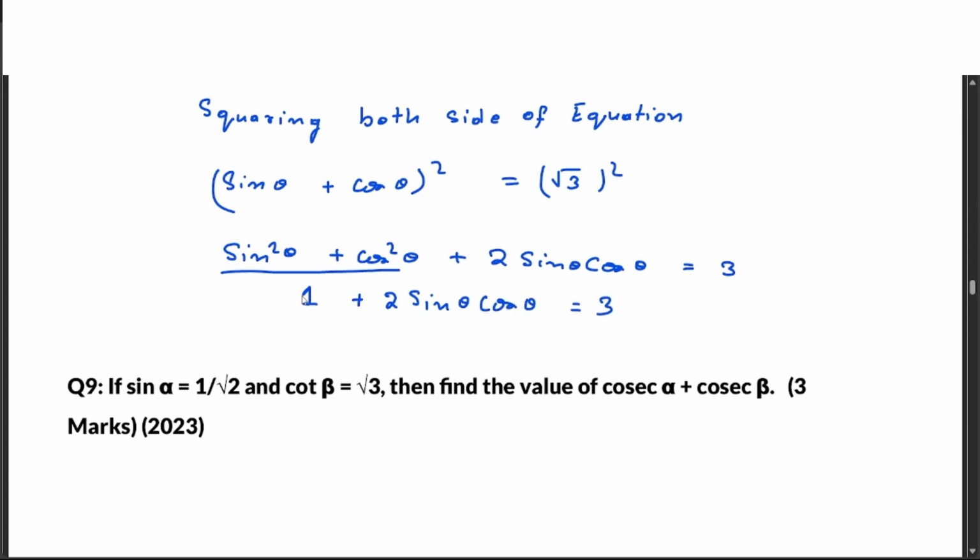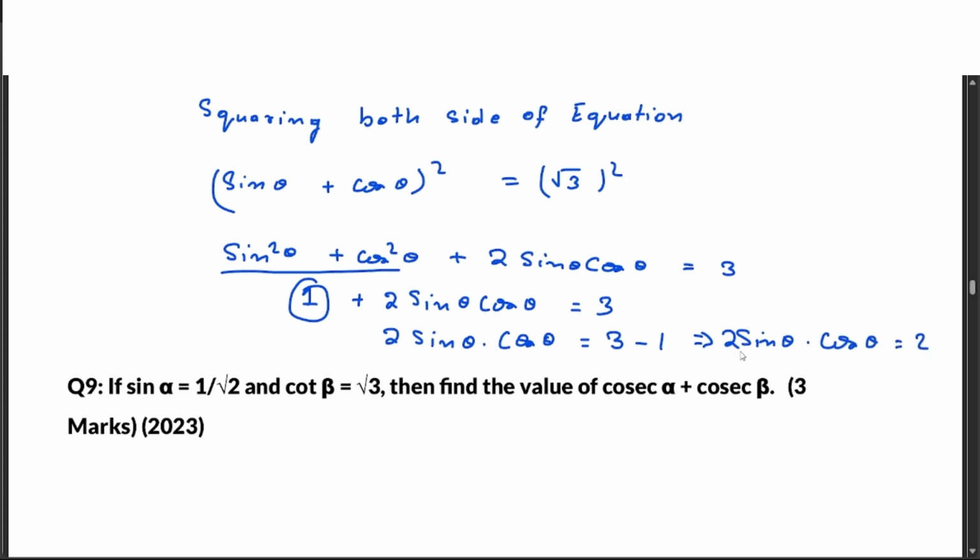So we can transpose this 1 from the left side to the right side. So we can say 2 sine theta times cos theta is equal to 3 minus 1. So how much will we get? 2 sine theta times cos theta is equal to 2.